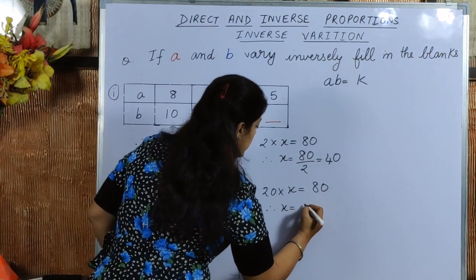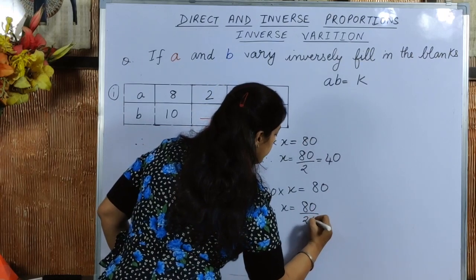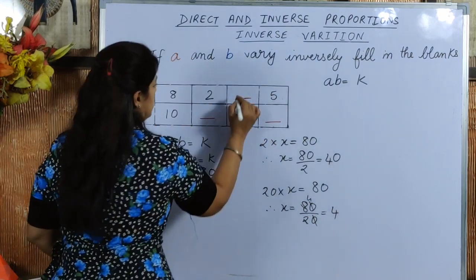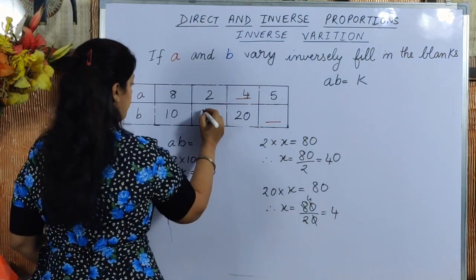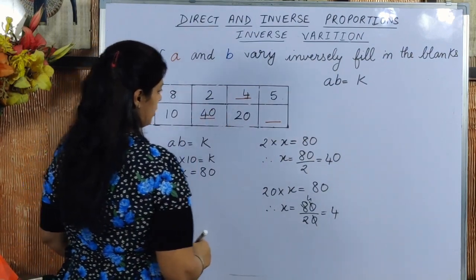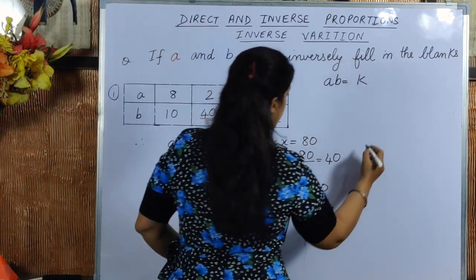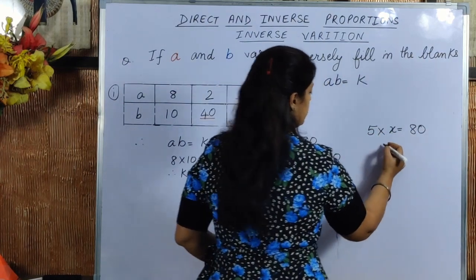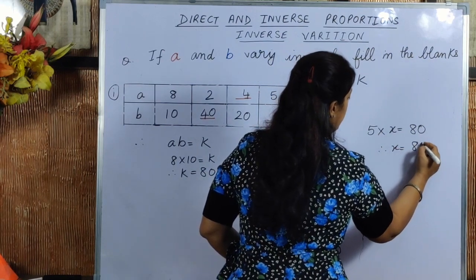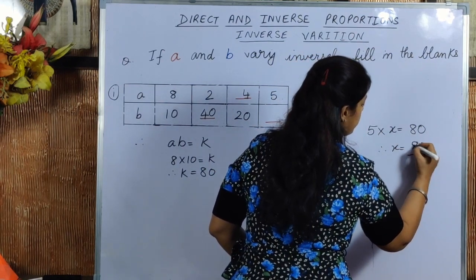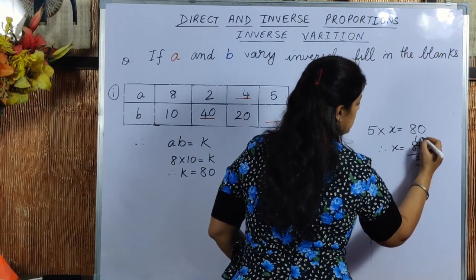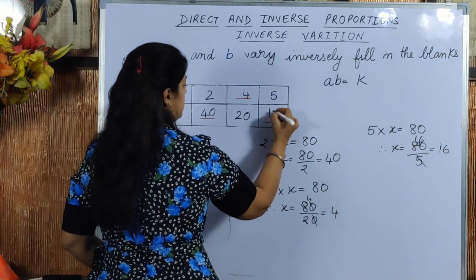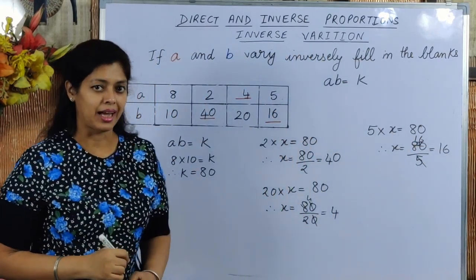So the value of X here is 80 divided by 20, which is equal to 4. So this is 4, this is 40. In the last column, we have 5 into X is equal to 80. Therefore, X is equal to 80 divided by 5. 5 ones are 5, 5 sixes are 30, which is equal to 16. So the value of B is 16 in the last column.